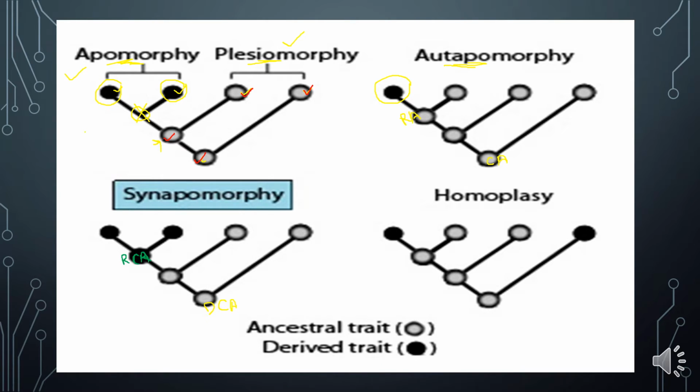The recent common ancestor has the same derived character as that of the progeny taxa. So these two taxa have the same character as their recent common ancestor, which is different from the distant common ancestor. This type of relationship is called synapomorphy.